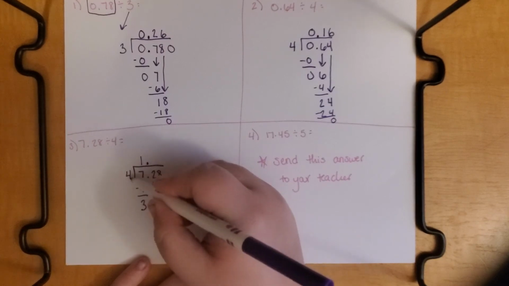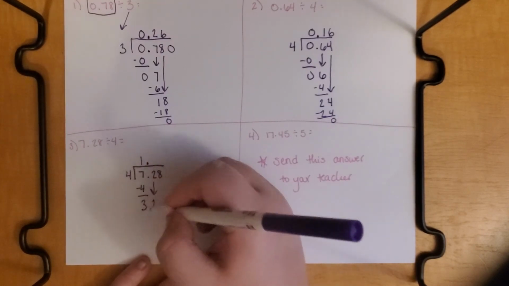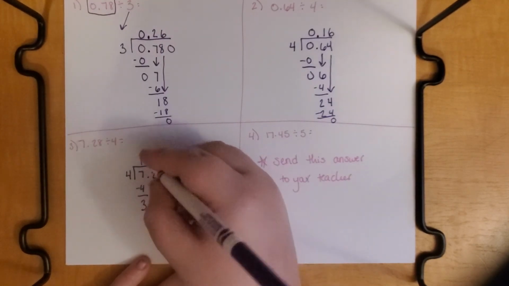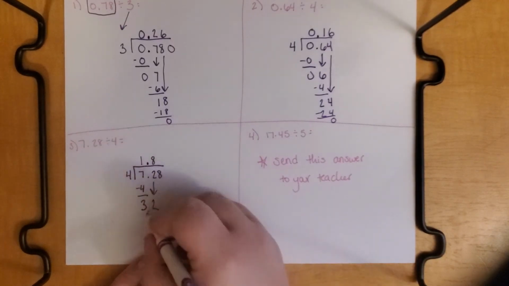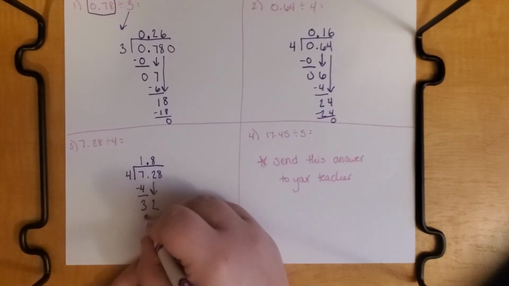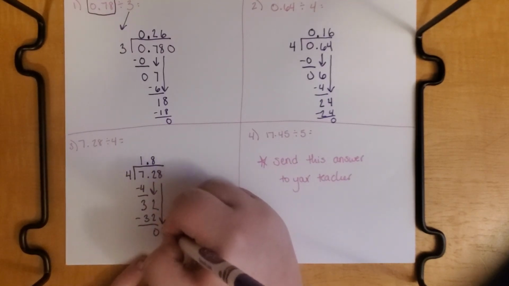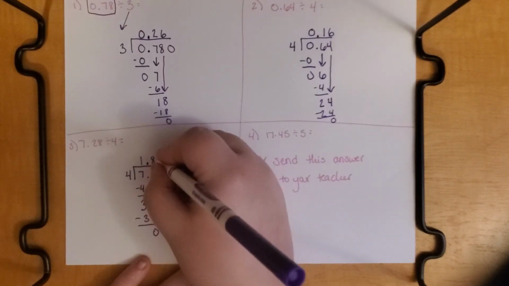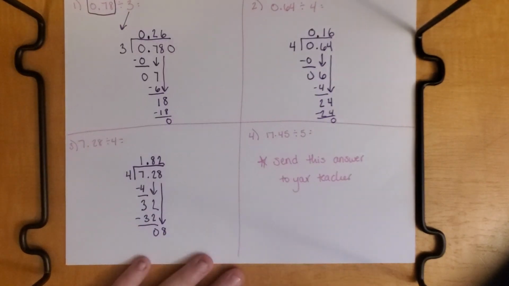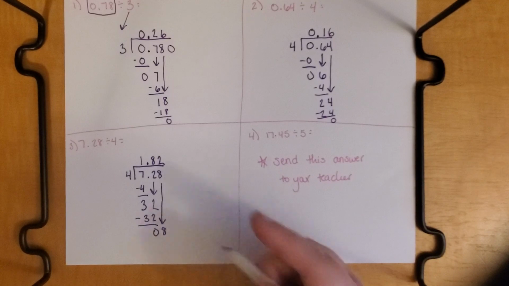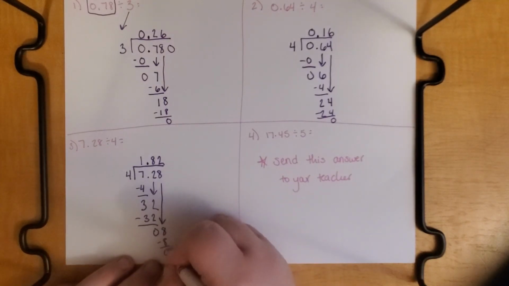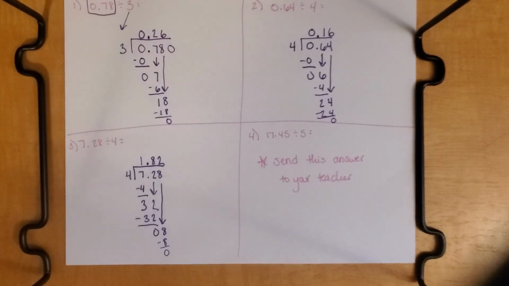Bring down my 2. 4 goes into 32 tenths 8 times quite nicely. Nice little fact family there. You should have known that one from practicing your 4s or your 8s. None left over. Bring down my 8. 4 goes into 8 hundredths 2 times. There you go. And if I finish off, no remainder, so I'm good there too.